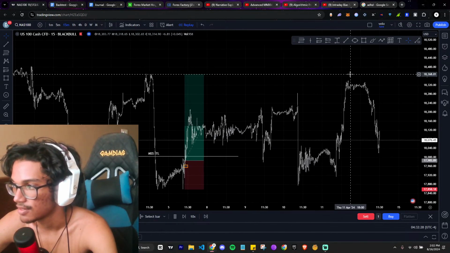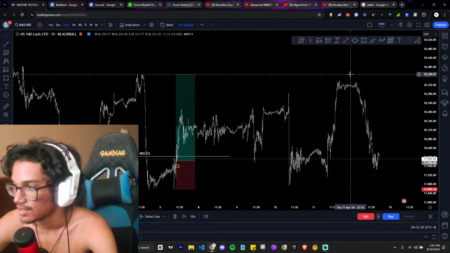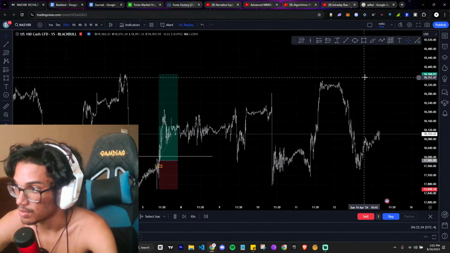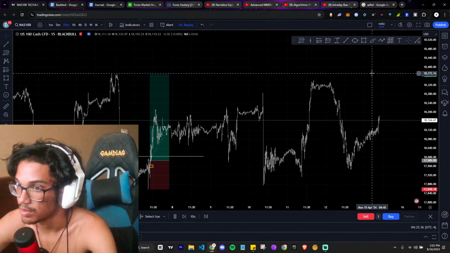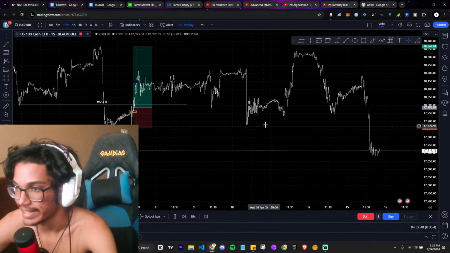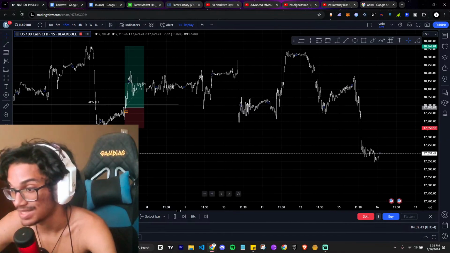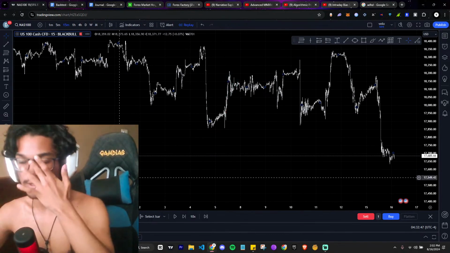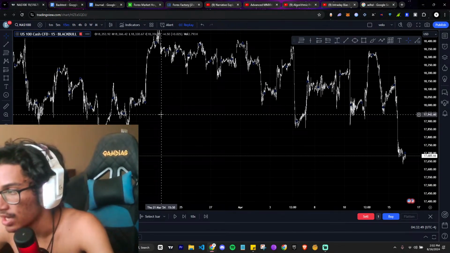Fucking hell, man. Okay, the next run it will, because it's gonna sweep this liquidity and then go towards that. Nope, it didn't. It invalidated the whole purpose of this trade. That's great.